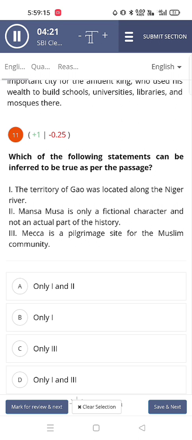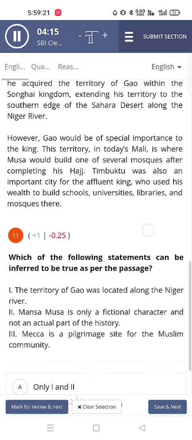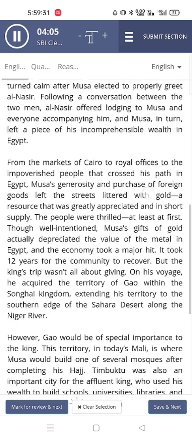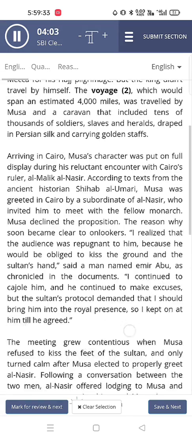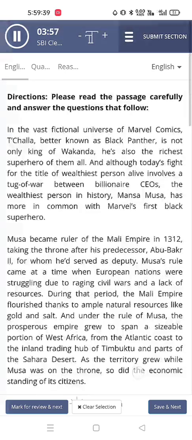Then, Mansa Musa is only a fictional character and not an actual part of history. I don't think it is mentioned anywhere, because it is written about their story when Musa visited Cairo, and in the first also.